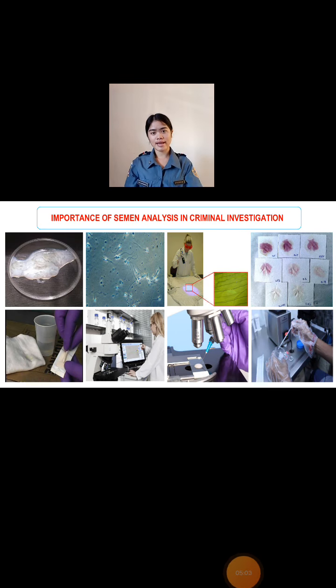And for the last slide, importance of semen analysis in criminal investigation. Semen analysis is very important in assault cases as it is very useful for detection of semen in clothes, isolation and identification of seminal stain found on various suspected items such as clothes, bedsheet, pillows, blanket, and etc. And analysis of various proteins present in semen or seminal stain.